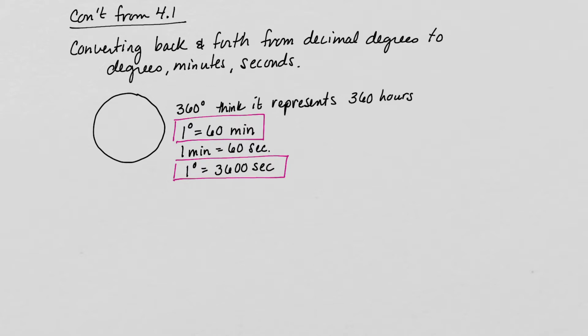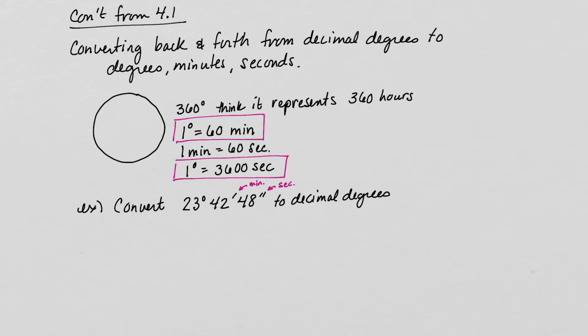So for example, convert 23 degrees, 42 minutes, 48 seconds to decimal degrees. Again, this symbol here says minutes, and this symbol here says seconds.